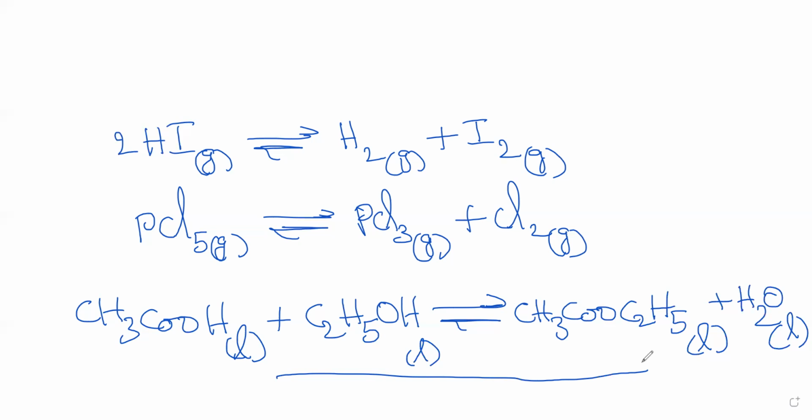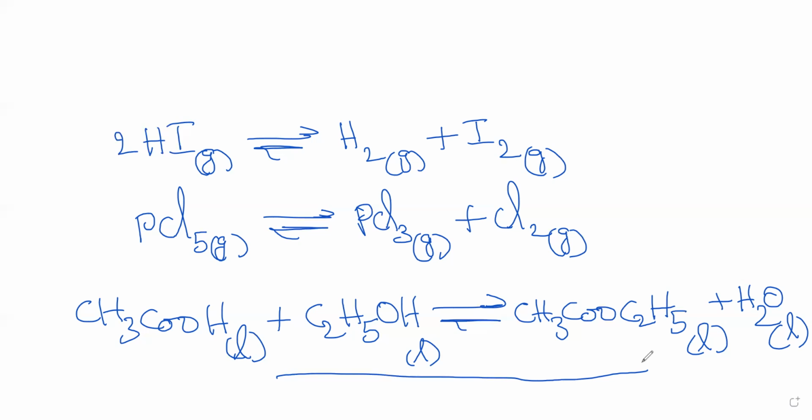How do you identify it? Homogeneous equilibrium means that in the products as well as the reactants, everything is in the same state, or in fact the same phase. Phase means solid, liquid, or gaseous phase. For your level, we'll say it like this; later, phase is actually a different concept.